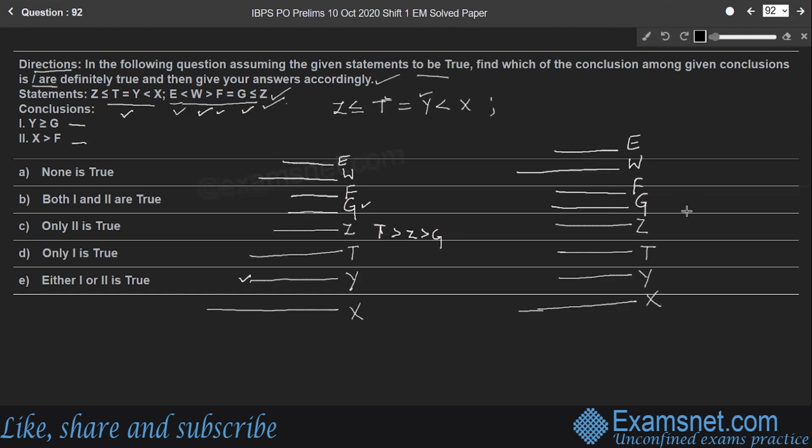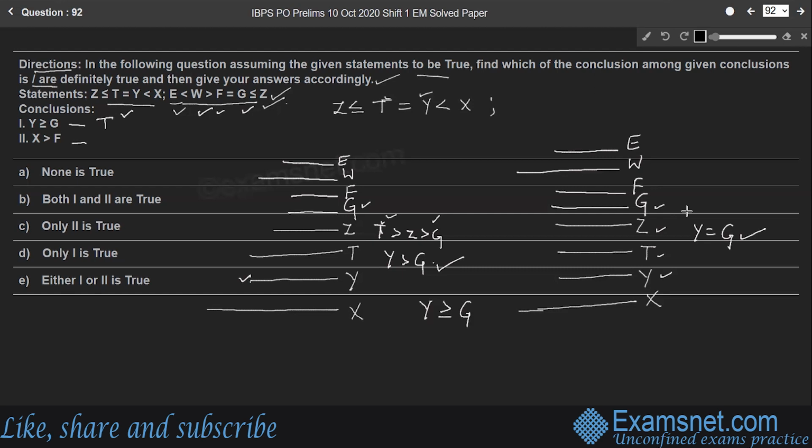Since T is equal to Y, we can say Y is greater than G, right? In place of T, we write Y and Y is greater than G. In the second case, since G, Z, T and Y are equal, so we can write Y is equal to G. So taking 1 and 2, two cases, we can conclude Y is greater than or equal to G.